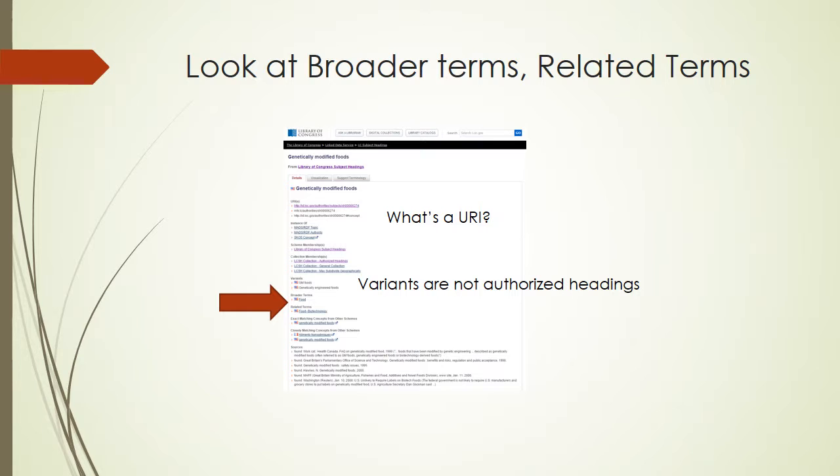Again, variants are not authorized headings. They're actually listed out here. Also listed here are broader terms, which the authorities file wasn't doing very well giving us. Really big, broad term, food, and the related term, food biotechnology.